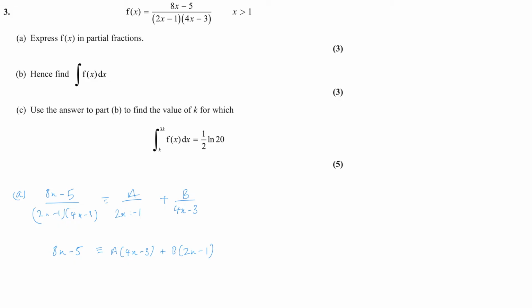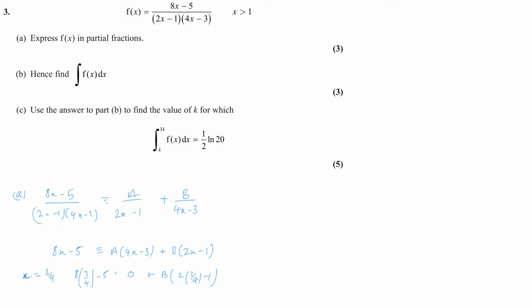So a couple of values to substitute in. So first of all, let x equal 3 over 4, as that will make this first bracket disappear. So 8 times 3 over 4 minus 5 equals 0 plus B. Now, of course, you don't have to substitute in values to make the brackets go to 0.